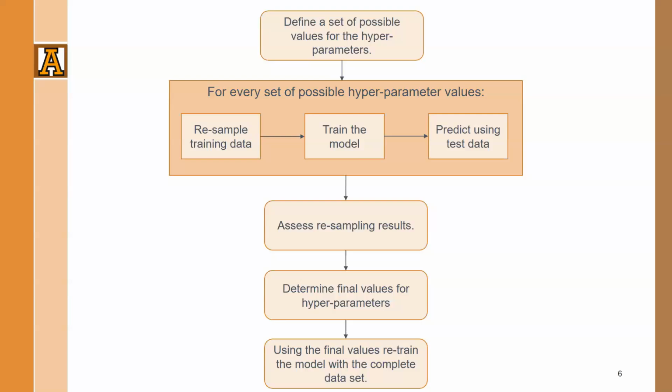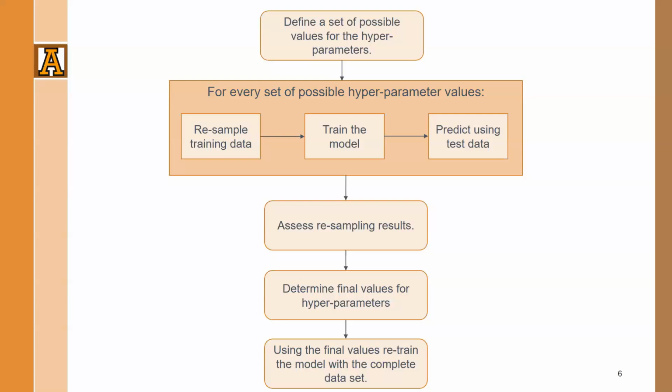For example, in k-nearest neighbor, I'm going to use 3, 5, 7, 10. I determine which are the possible values of the hyperparameter that I'm going to use.